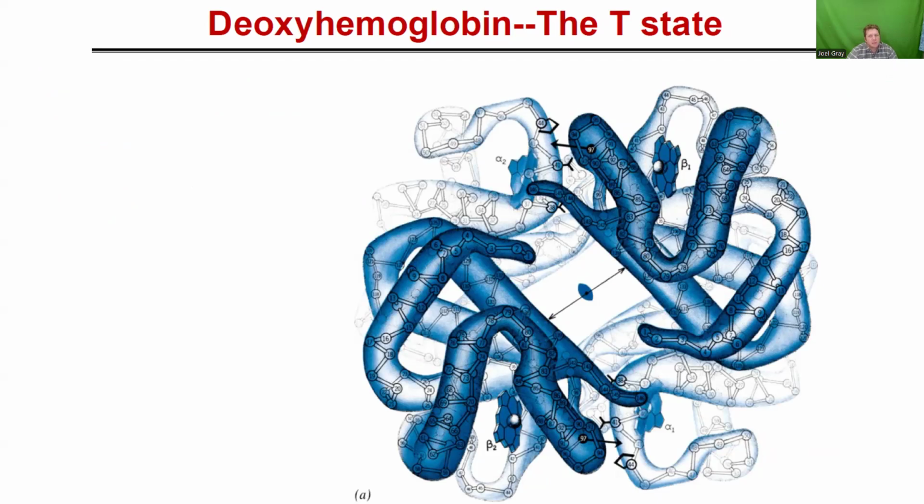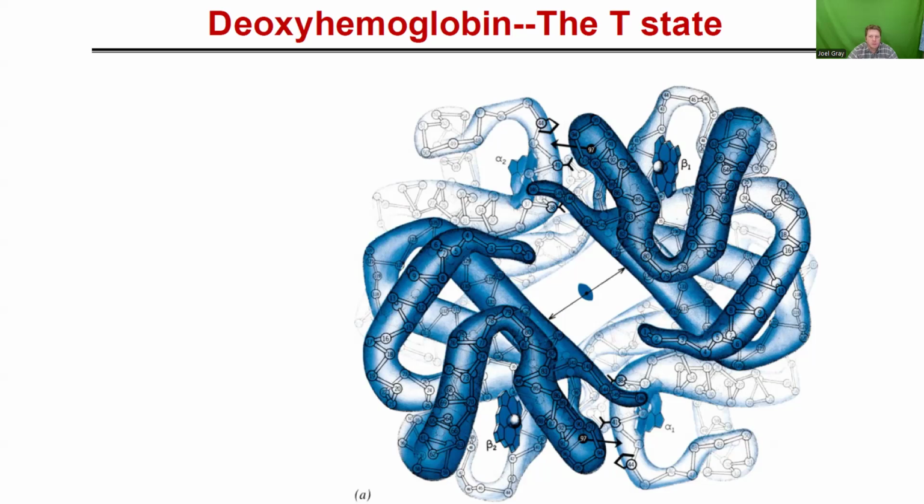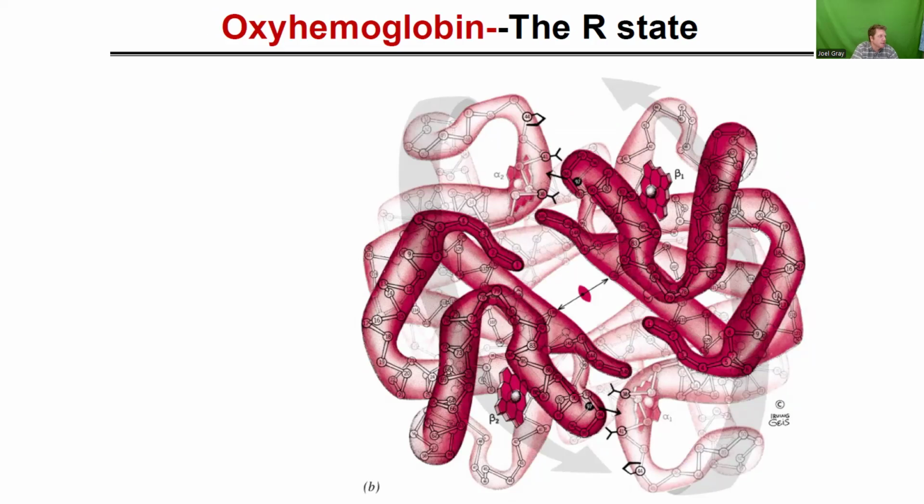Deoxyhemoglobin is a protein that's referred to as being the T state. Oxyhemoglobin is referred to as being the R state. Now, between these two proteins, the T state, or the deoxyhemoglobin, is your inactive form of hemoglobin. The R state is the active form.